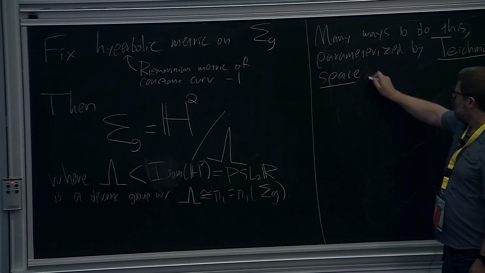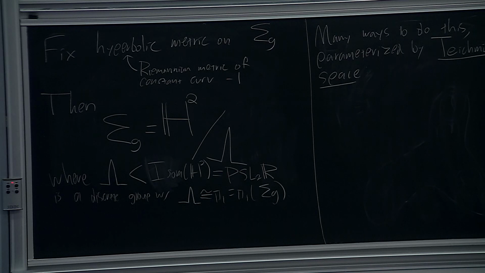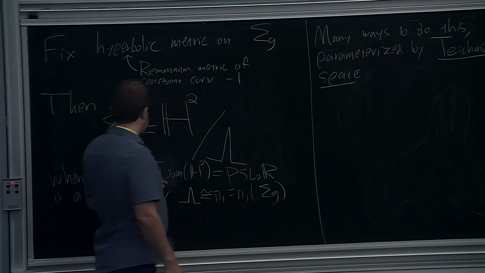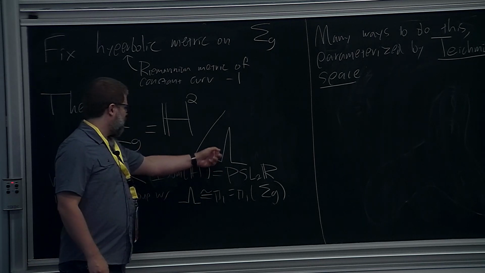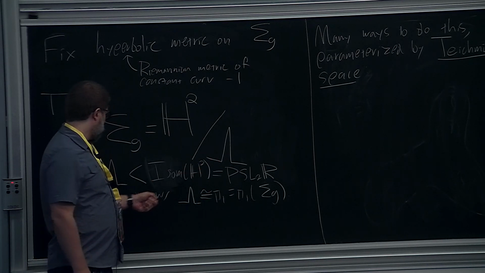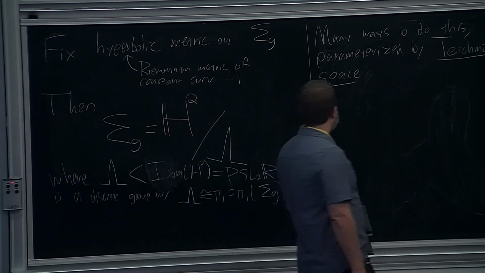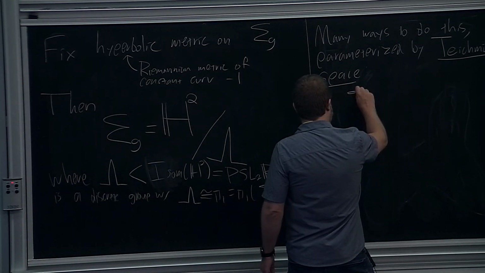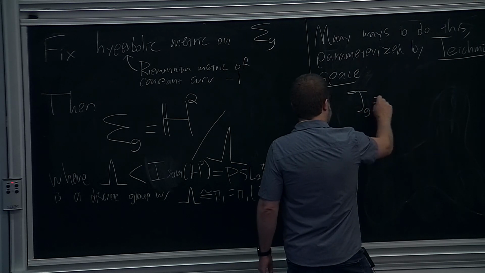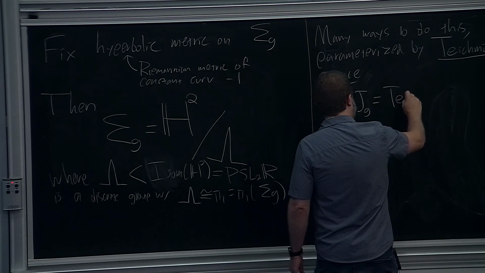So I want to look at all the ways of finding some lattice inside PSL2R, some discrete subgroup whose fundamental group is pi1. And so what you do is you take T sub G, that's Teichmuller space.